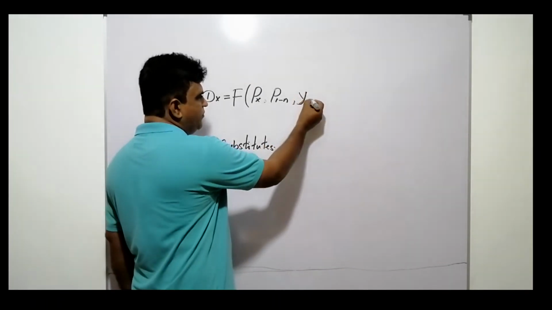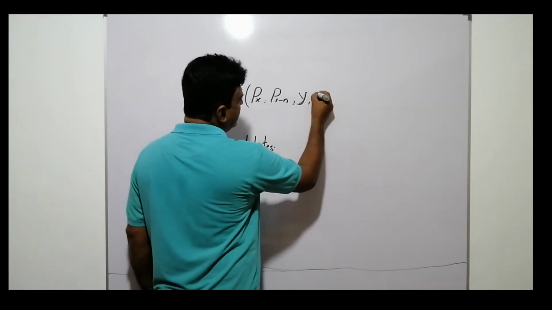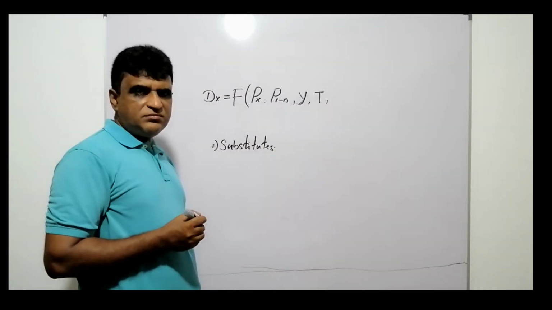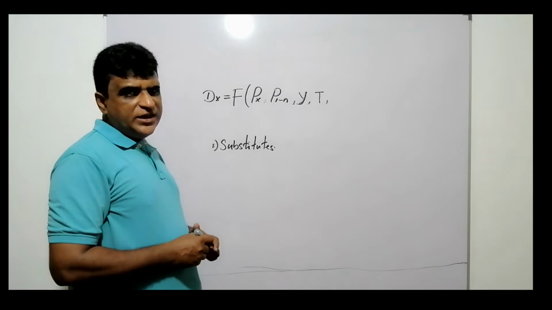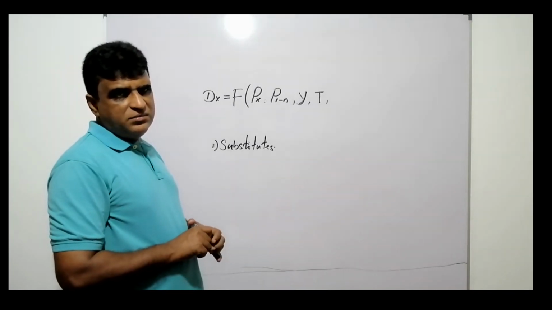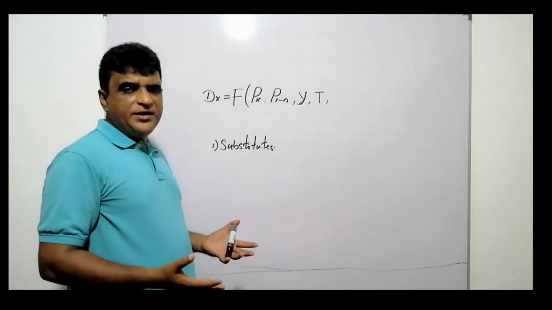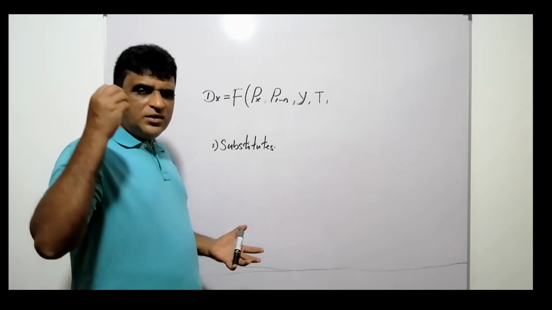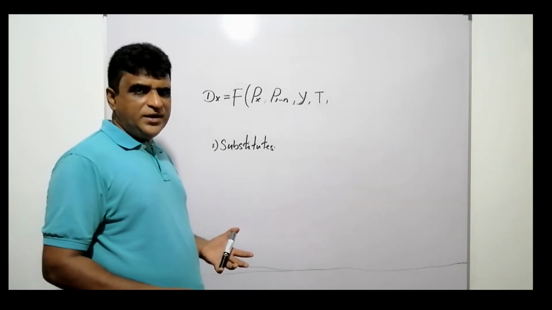That is not I, that is Y. And T, tastes. As an example, if I don't like to eat bread, then I'm not going to demand bread. And if I don't like coffee, then I'm not going to demand coffee, right?